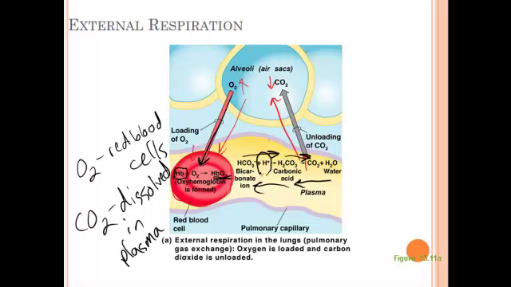The important thing to mention here is that H positive right there. That H positive is what makes something acidic. So remembering back to one of our earlier discussions, acidity is determined simply by the concentration of H positive ions in a solution. And so as you increase the amount of CO2 in the blood, the CO2 is increasingly going to be changed to bicarbonate ion and an H positive ion, which means that the more CO2 that is dissolved in your blood, the more acidic your blood is going to become.